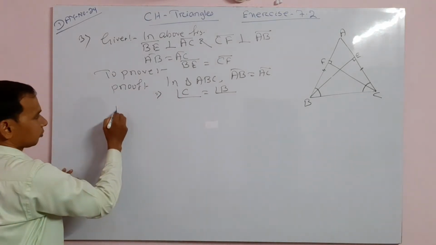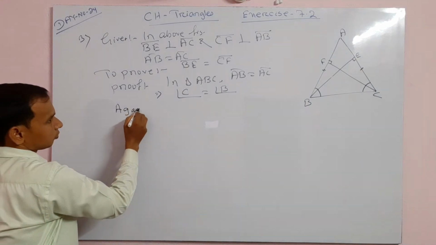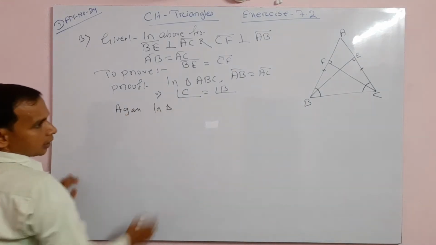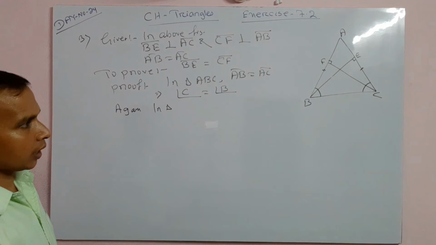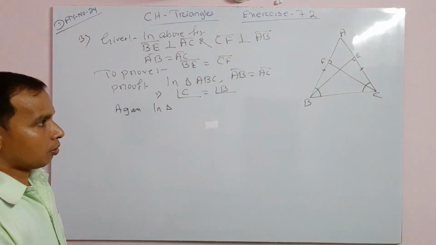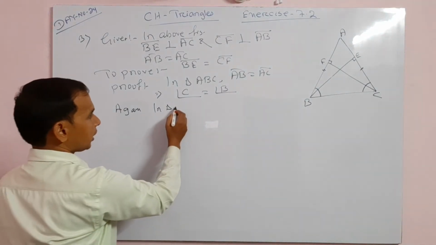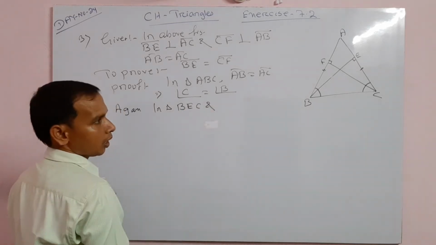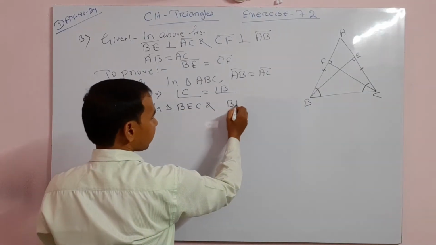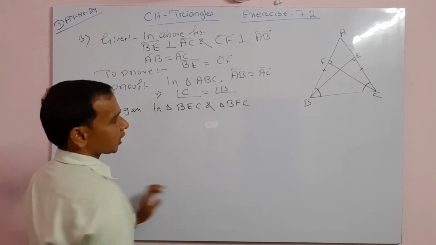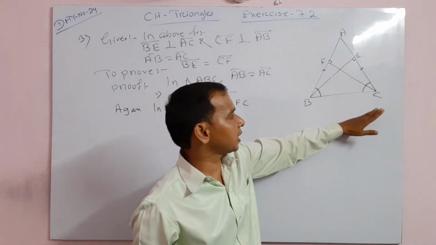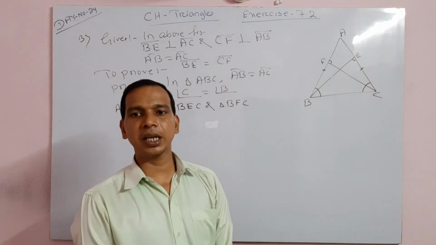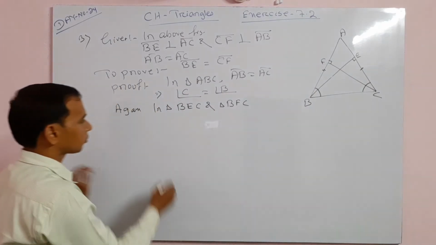Again, in triangle BEC and BFC. Mark here, BEC and BFC are two triangles here.